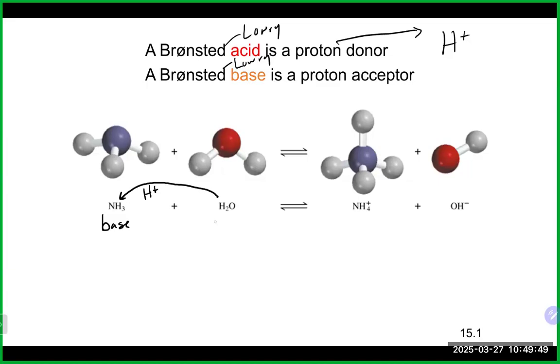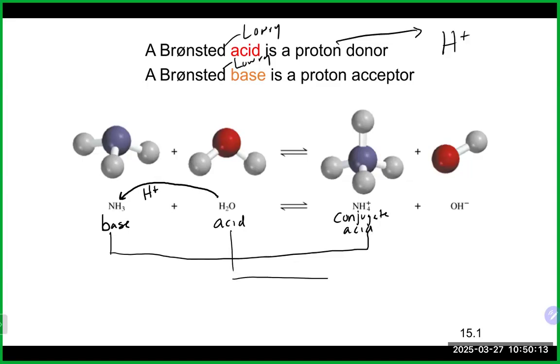Water in this case is actually going to be our Bronsted acid. When it does so, it will create partners on the other side. And if we come this way, the NH3's partner is NH4 plus on the other side, and this is what is known as the conjugate acid.